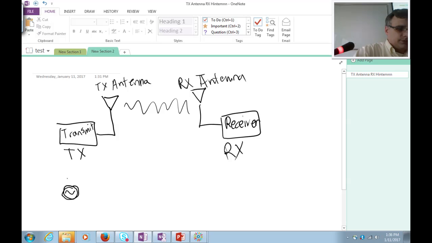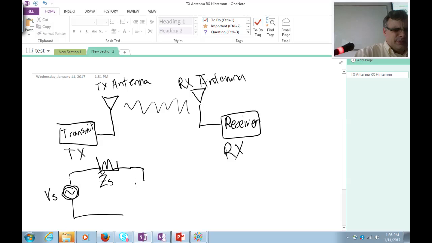A transmitter is really just a source. It can be modeled as an amplitude of a sine wave, and it has an impedance. Let's call it Z sub S. Let's make it a box. It doesn't necessarily have to be a resistor.